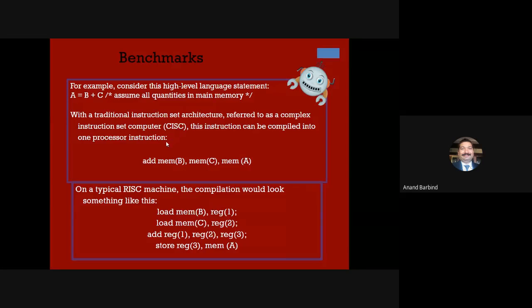In this case, you can see that for a certain program, for example, if a is equal to b plus c is to be implemented, then this can be done using the instruction add memory B, memory C, and memory A. That is, add the contents of memory B with memory C and store the result in memory A. You need a single instruction to perform this operation, A is equal to B plus C, because A, B, C are memory variables.